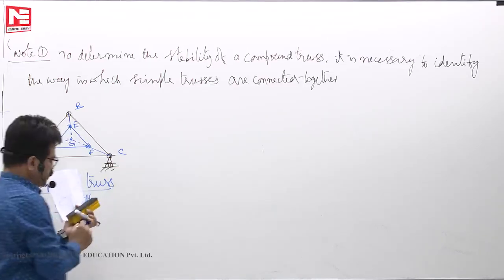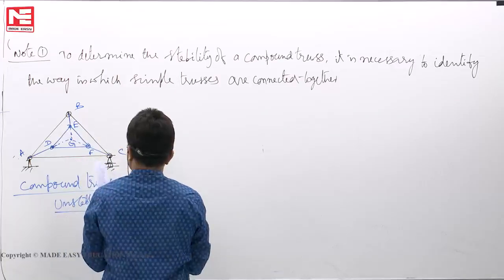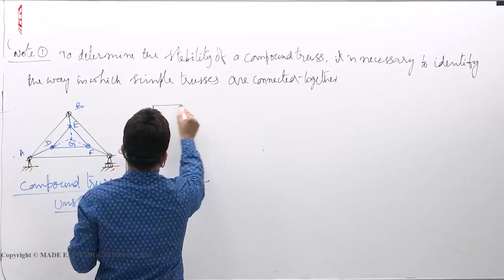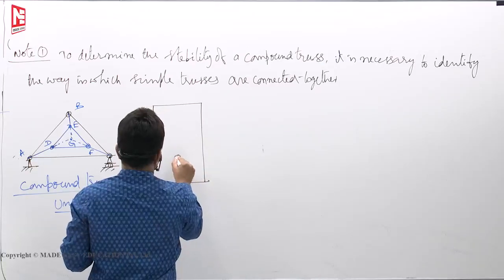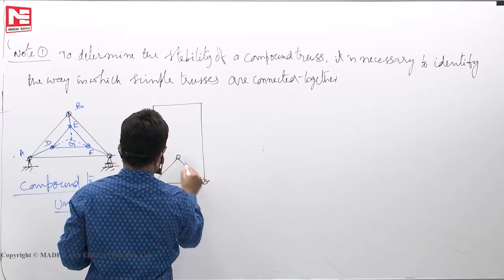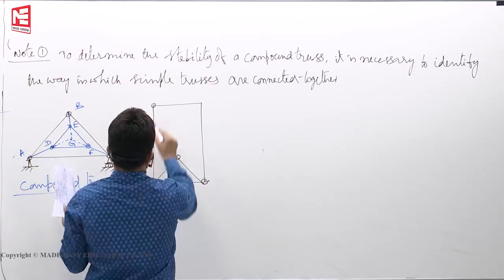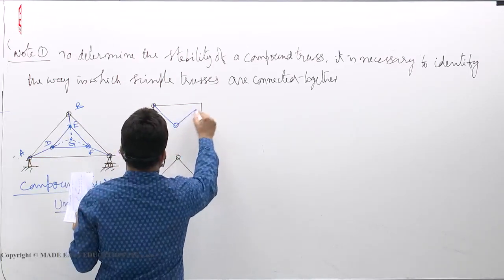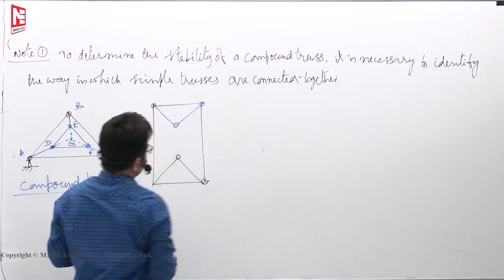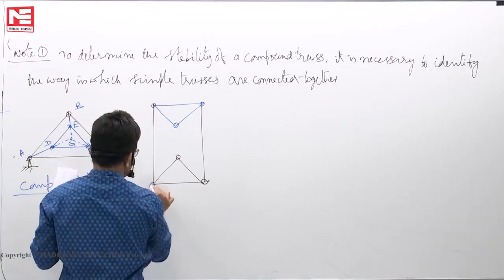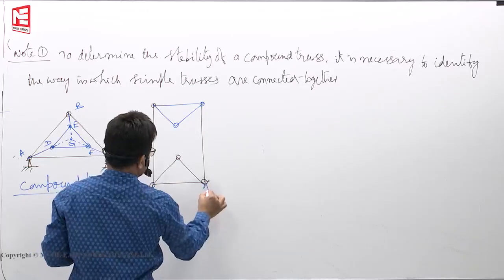Another compound truss we have taken. Like this I have given without changing the colors. Simple truss. Next another simple truss. So two simple trusses connected by three links which are parallel.